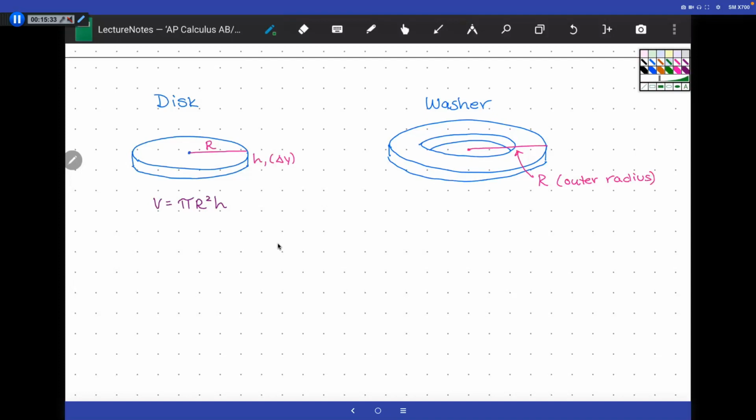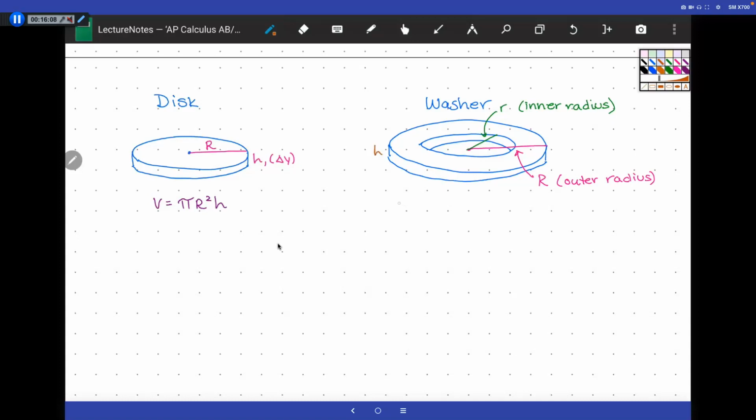So we can see that the volume of this washer is going to be the volume of the big disc, and we're going to take away the volume of the hole. I'm going to call the inner radius with a little r, and this is the inner radius. And then similarly, we have this height of the washer, which could be delta x or delta y.